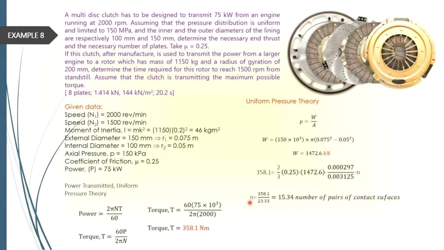Based on this, you will be able to find out the number of pairs of contact surfaces. So for the number of plates, we need to divide this by 2, because each plate has a pair of contact surfaces, so when you divide by 2, you are able to find out the number of plates.